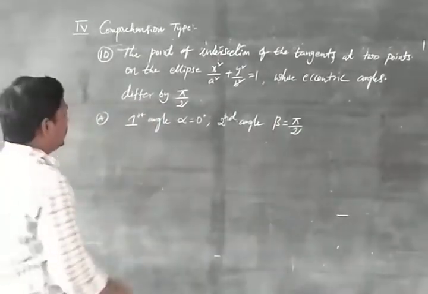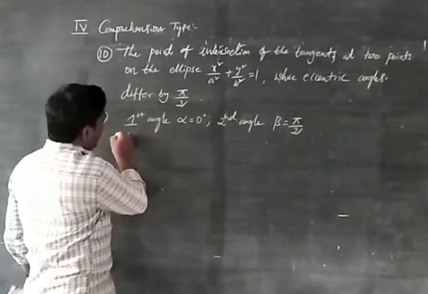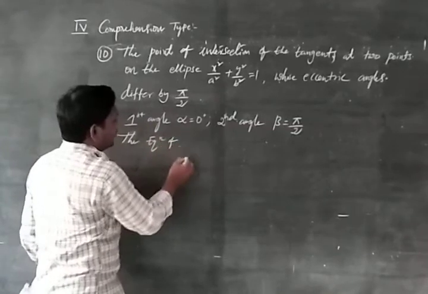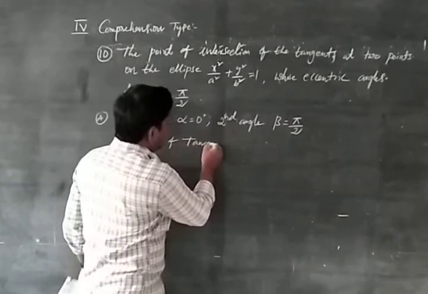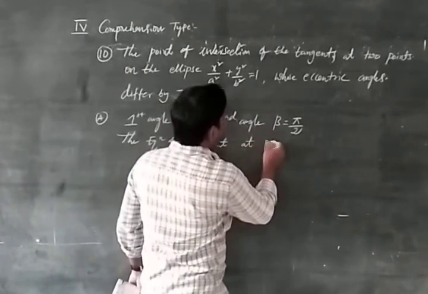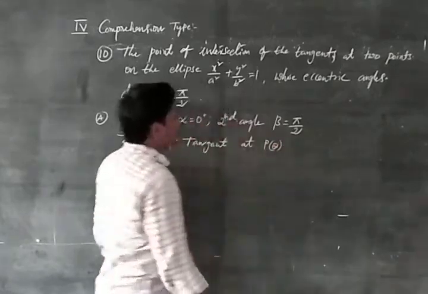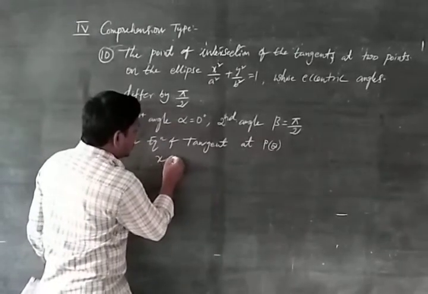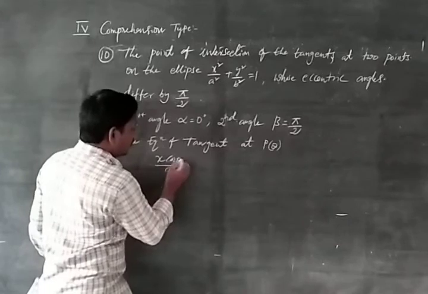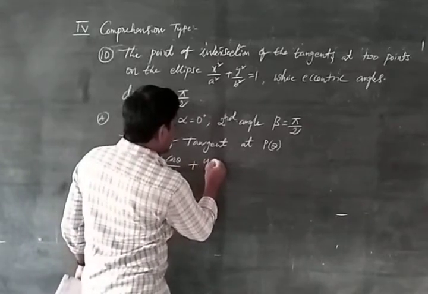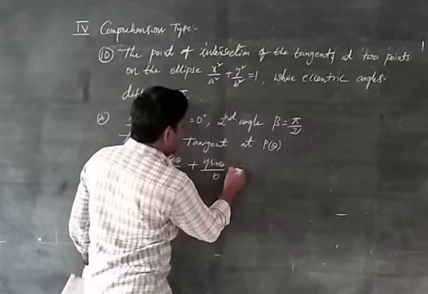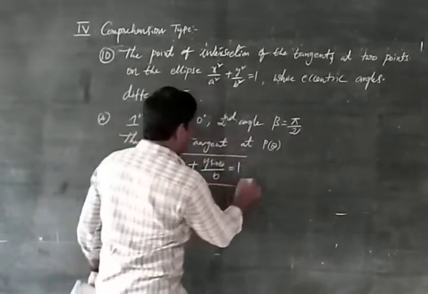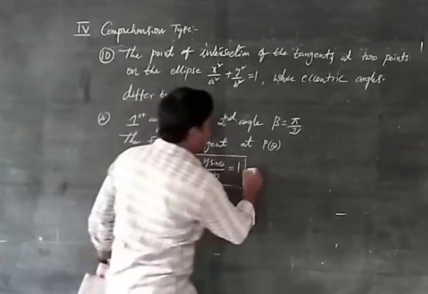Now the equation of tangent at P of theta is x cos theta by a plus y sin theta by b equal to 1. This is equation 1.